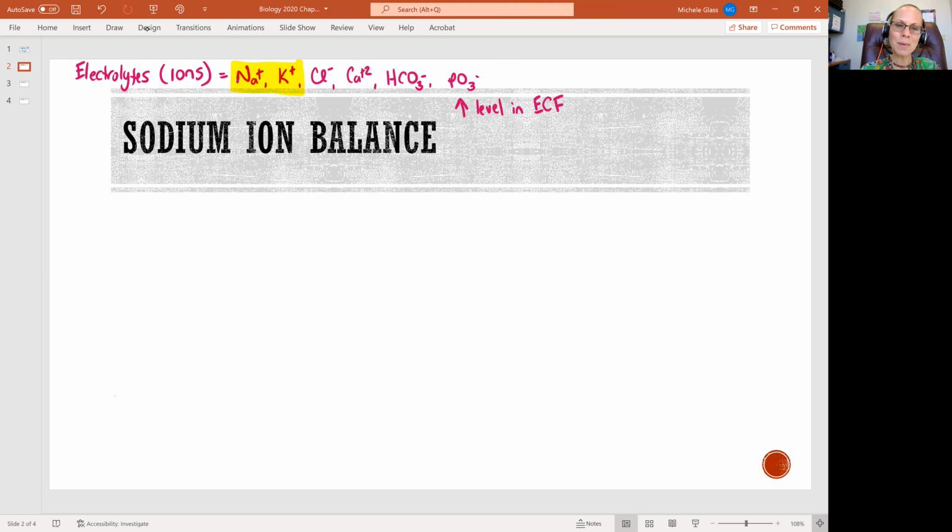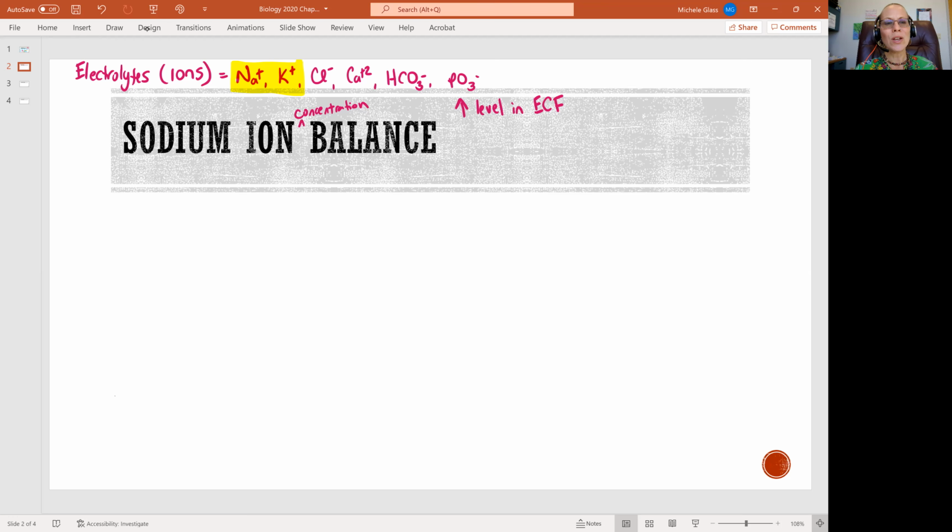And when we talk about sodium ion balance, we're really looking at sodium ion concentration balance, if you want to insert the word concentration. And the thing that I think is interesting is when we talk about balancing sodium, we don't really talk about adjusting our intake or adjusting our output. So we don't really talk a whole lot about getting more sodium into the body or getting more sodium out of the body.